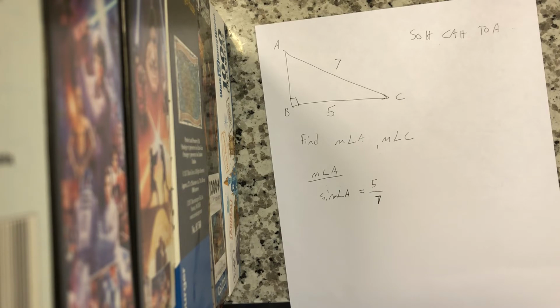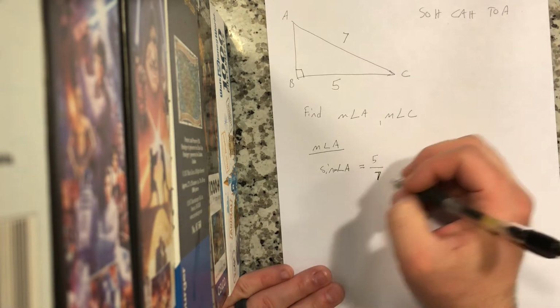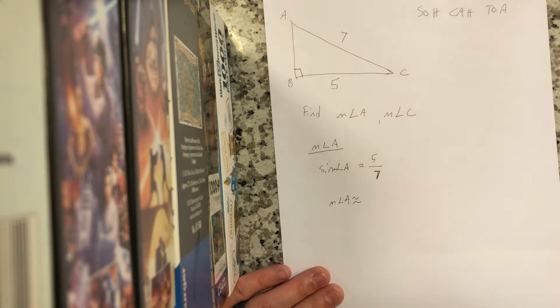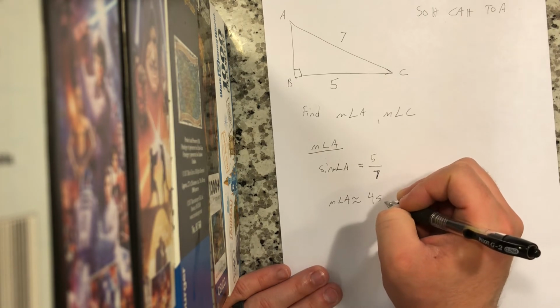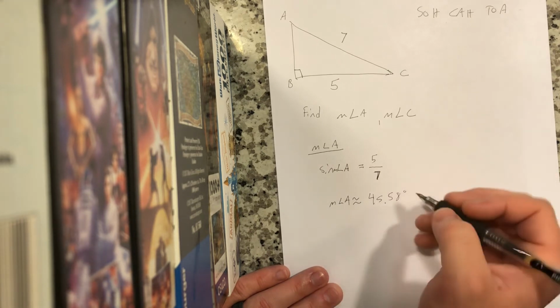So if you do inverse sine of five sevenths, I get the measure of angle A is approximately equal to 45.58 degrees.